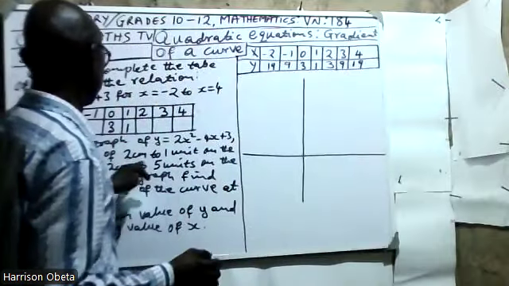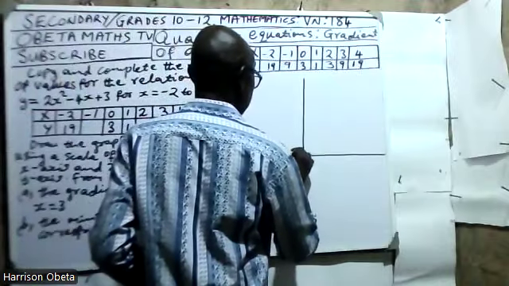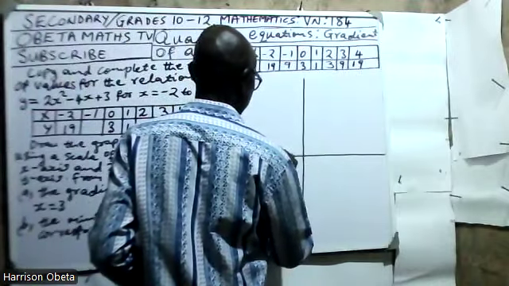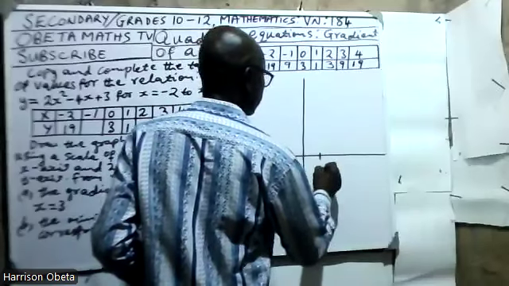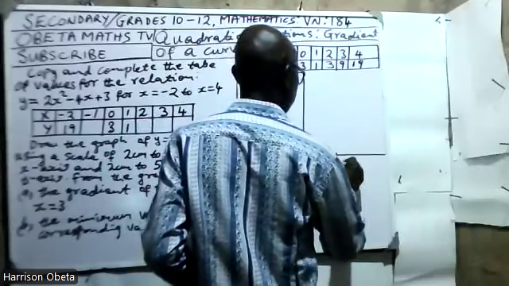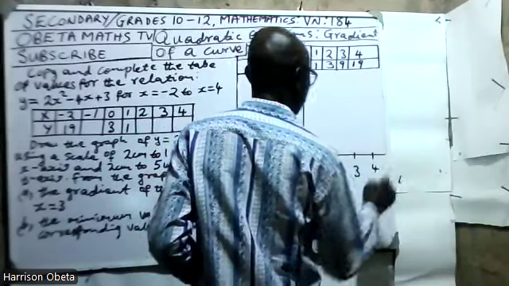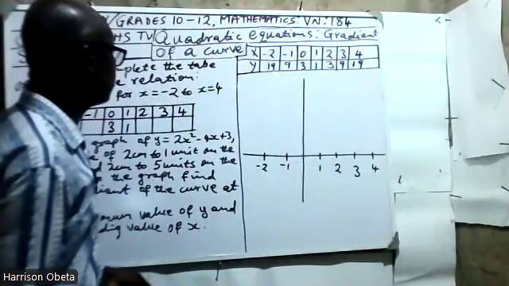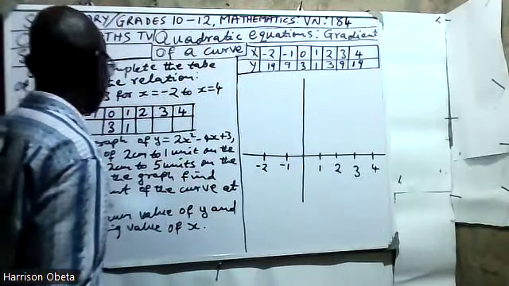We are told that 2 cm to 1 unit on the x-axis, and then 2 cm to 5 units on the y-axis.